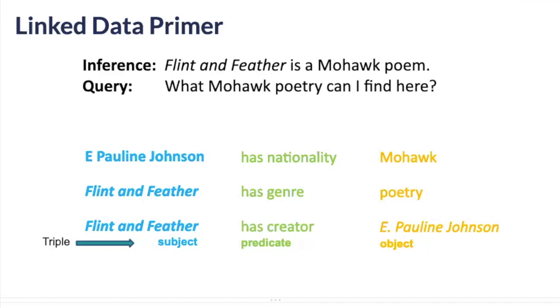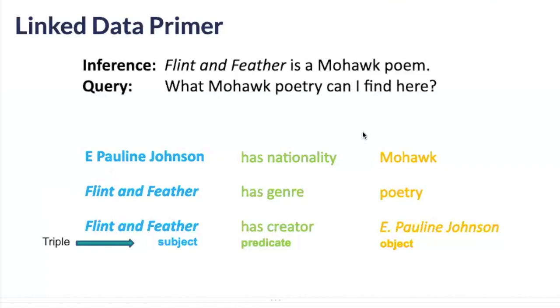But if our search algorithm and parsing algorithm for understanding what is in the database, if the logic itself says, oh, works have the same nationality as their creator, then we can get the computer to do a little bit of logic to work out that Flint and Feather is a Mohawk poem without having to state that triple ourselves.